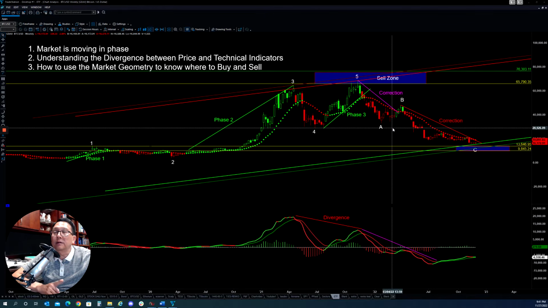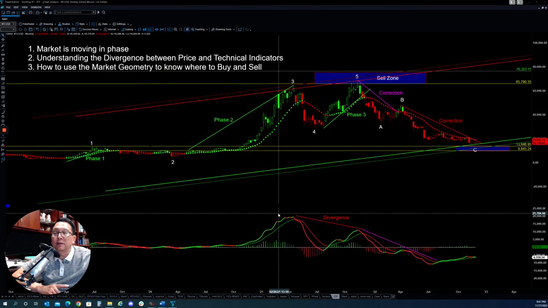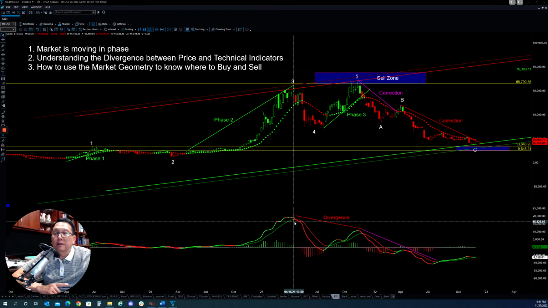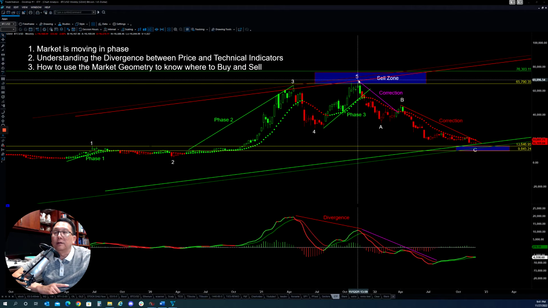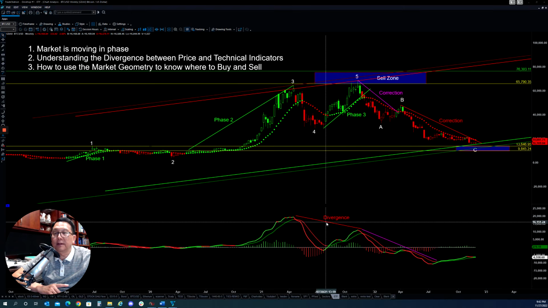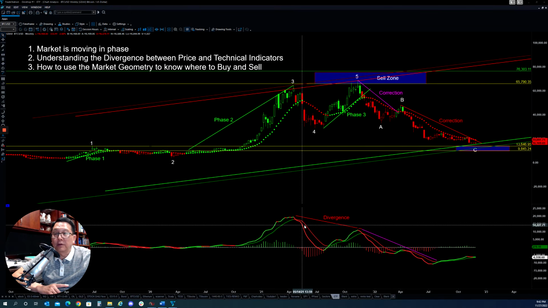The second method you have to understand is the relationship between the price and the technical indicator. This is the divergence indicator. You can see that from April 2021 until November 2021, the price continued to go higher, but the technical indicator didn't follow, it went lower.